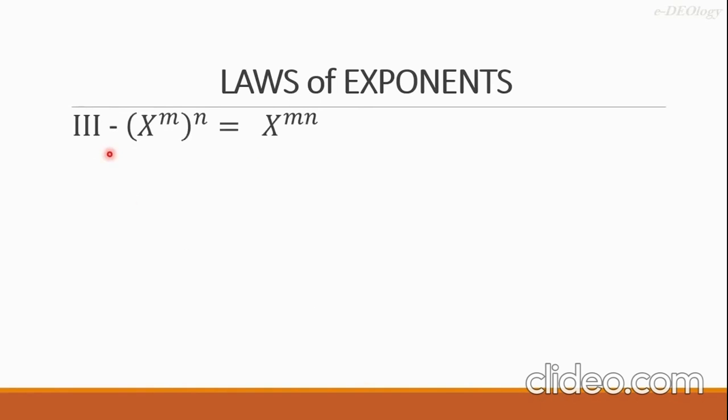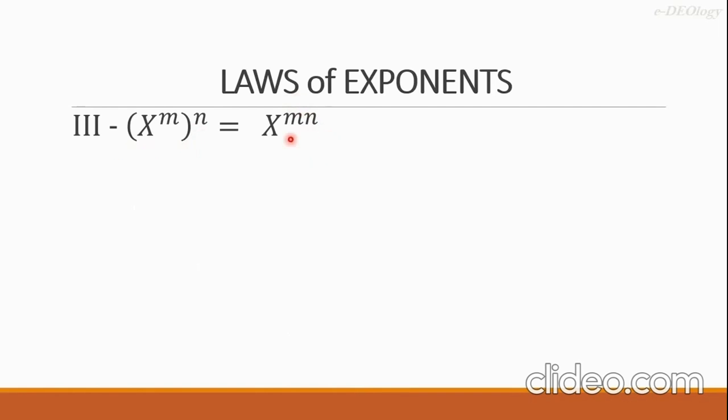The third law is when there is an exponent inside the grouping symbol and there is an exponent outside. So we can simplify this by simply taking the product of the exponents. By the way, exponent is sometimes called power.